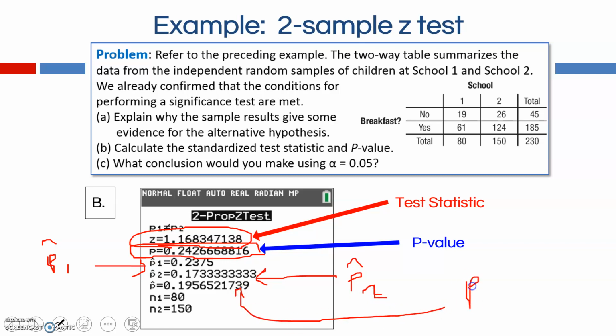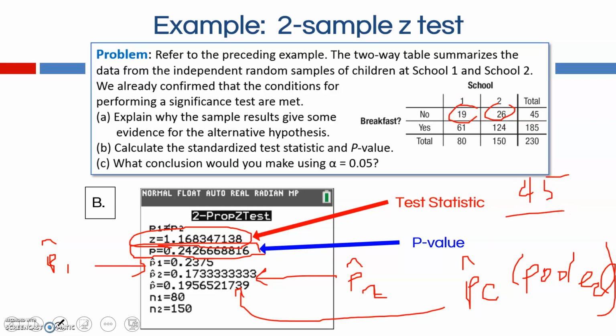That other p is your combined, or pooled, p hat. It is 0.1956 if you pool these two successes, 19 plus 26, which is 45, and divide by 80 plus 150. You will get your pooled p hat of 0.19565.